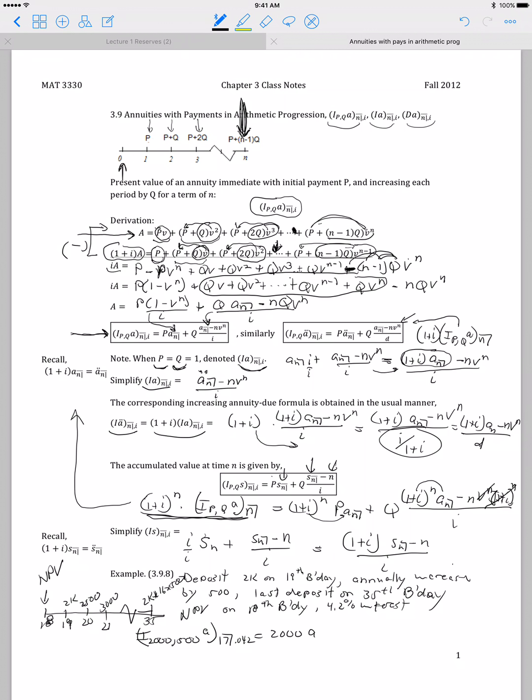It's 2,000 a_17 plus 500 times (a_17 minus 17 times 1 over 1.042 to the 17th power) over 0.042.